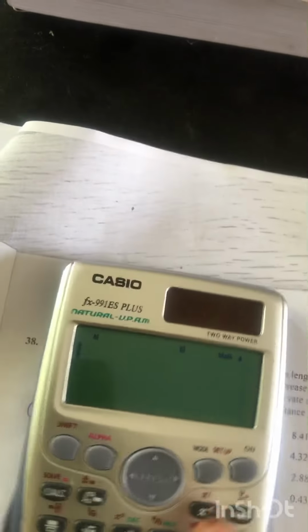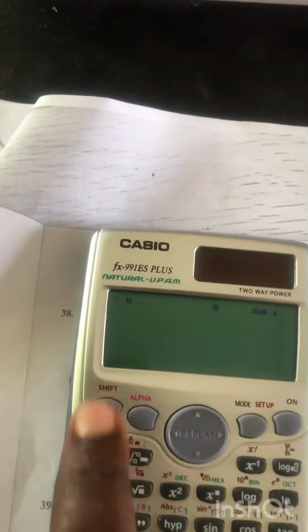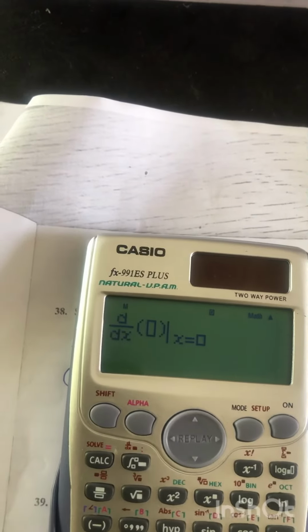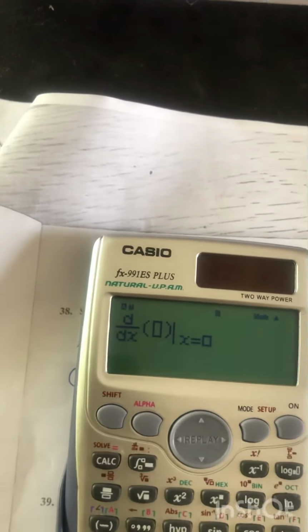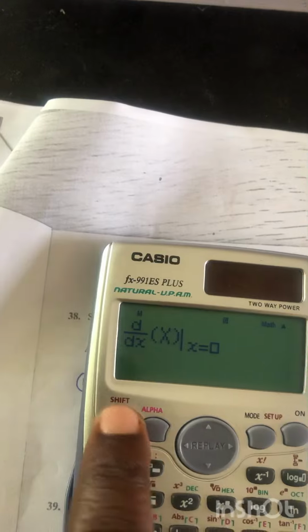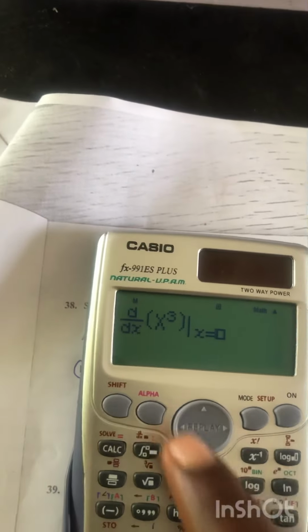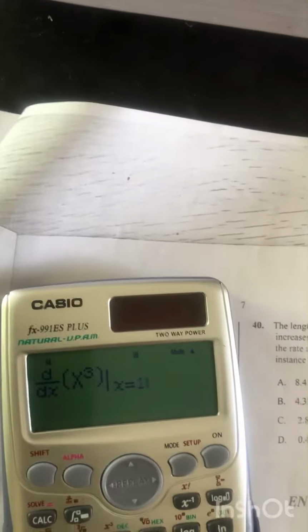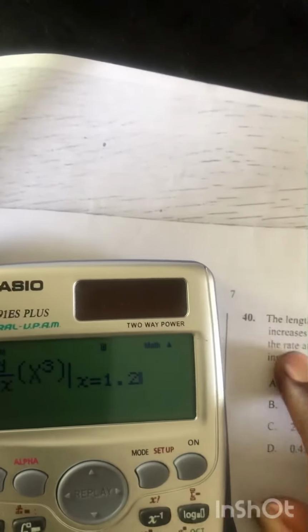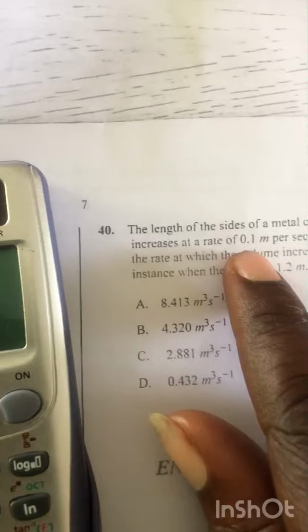So we differentiate the volume of a cube, which is x cubed, that's length times breadth times height, s cubed. For x equal to what? 1.2. Remember, he says the length is 1.2. But we are supposed to multiply it by the rate at which it increases, which is 0.1.